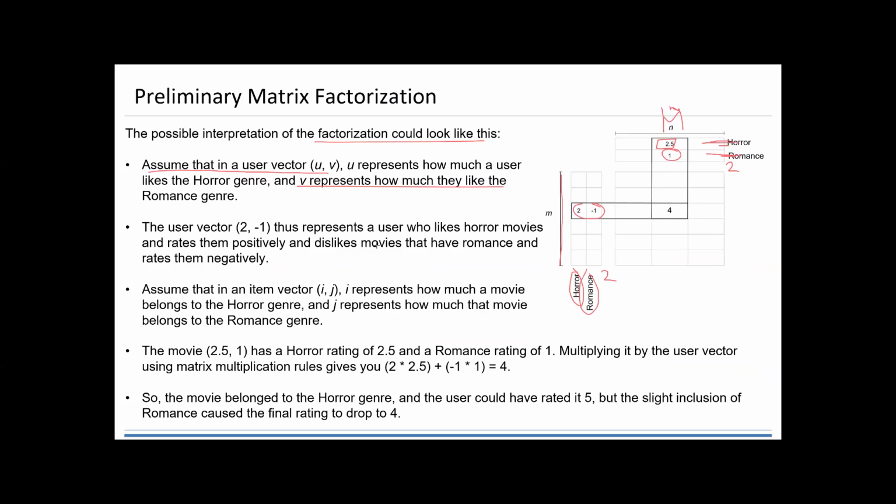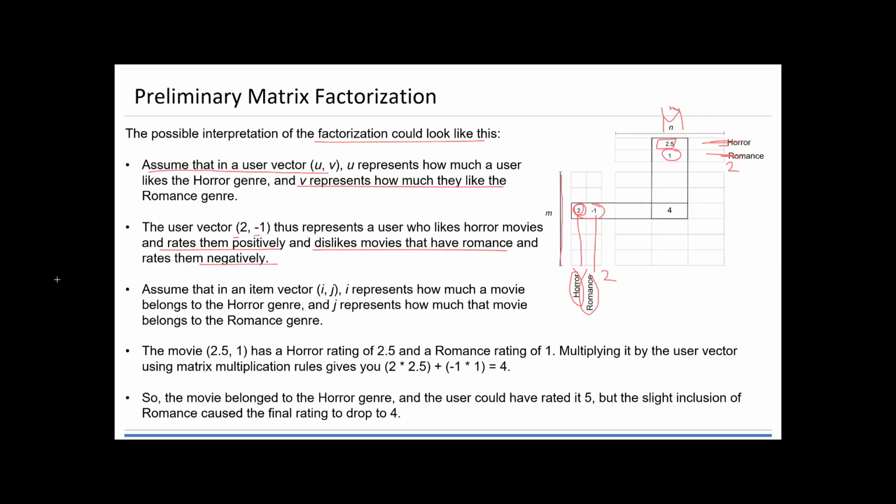So the 2 and -1 represent a user who likes horror movies and rates them positively, and dislikes movies that have romance and rates them negatively. So 2 is positive for horror, and -1 is negative for romance.